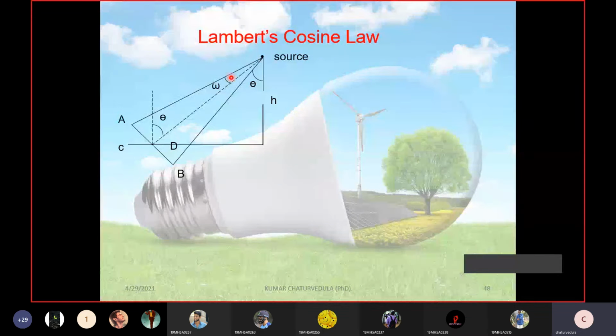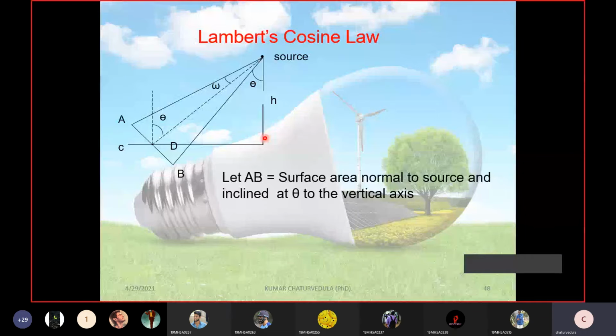This omega is your solid angle, and theta is going to be any angle. The source is at a height of h meters. We are assuming that this surface area AB is normal to the source, and the other surface is at an angle theta. We are not mentioning what angle it is; it is at an angle theta.